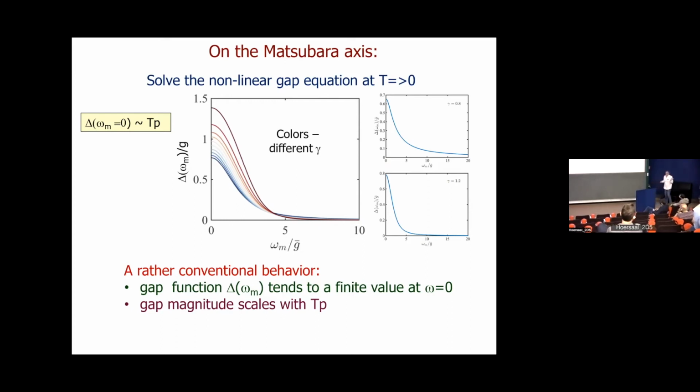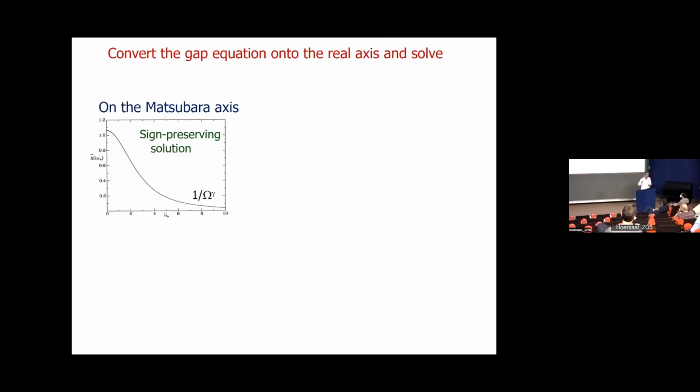And we generally expect it to go away at large frequencies, because if you go to very, very high energies, you don't expect any trends of superconductivity left there. So the gap is a constant at small frequencies. It goes down at large frequencies as expected. You do it for any value of gamma, technically below 3, and you get the same results.